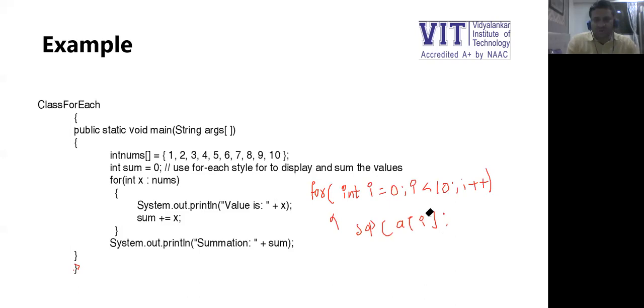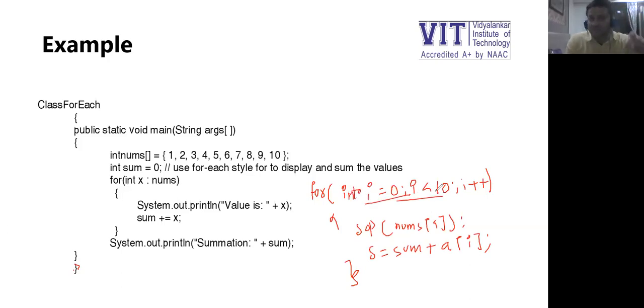So in the for loop we need to specify the start position and end position of the array elements to be accessed.